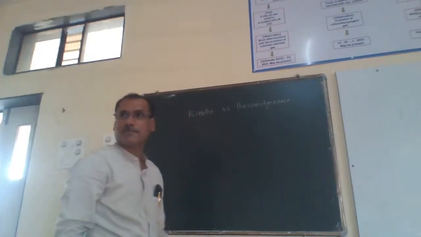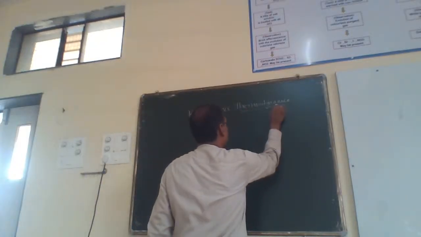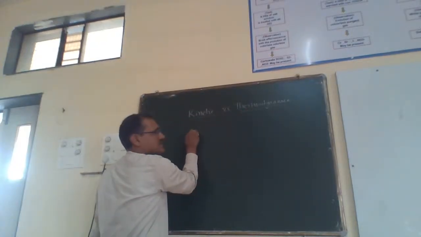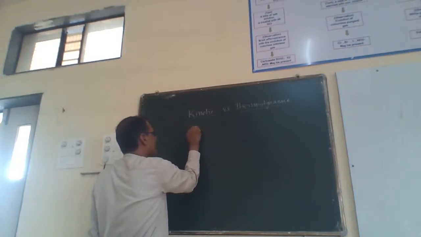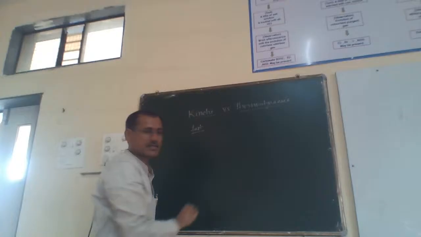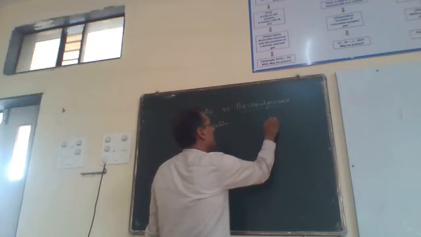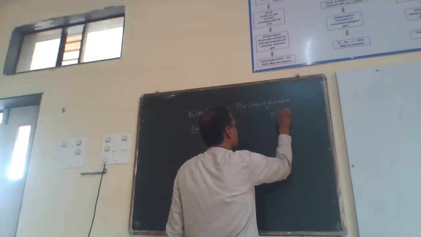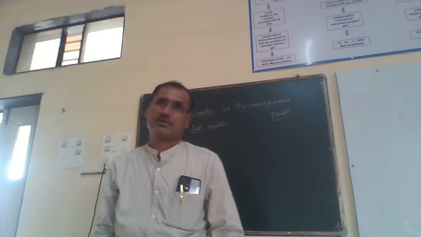thermodynamic control. Kinetic means that which is formed because of the establishment of the equilibrium fast. And thermodynamic means that which leads to the formation of a stable intermediate or stable product.